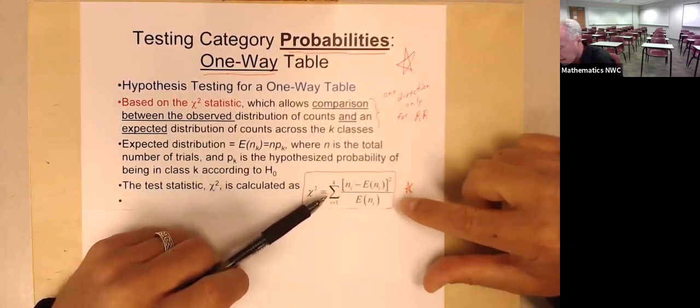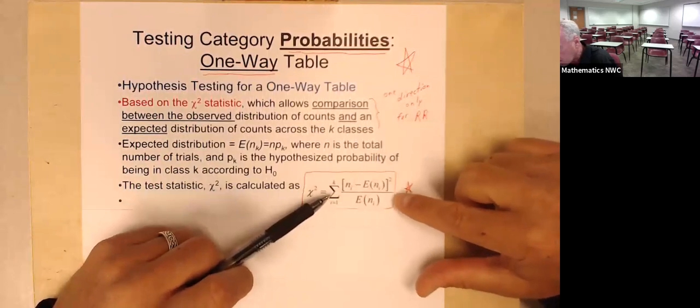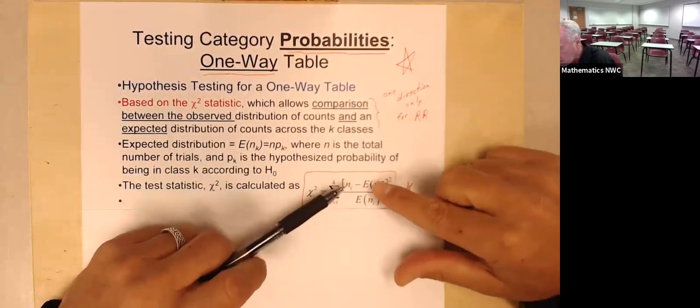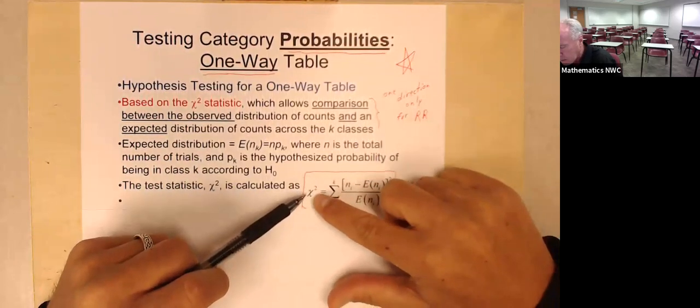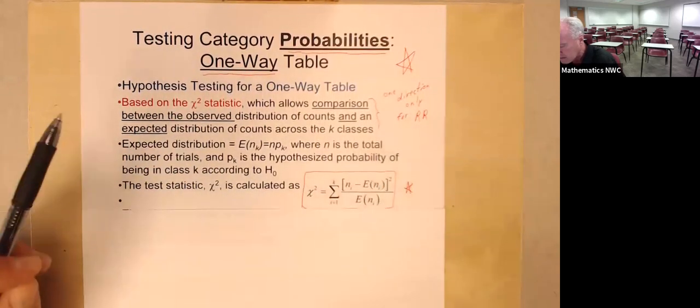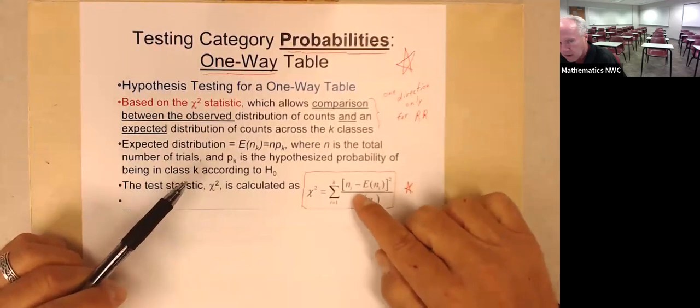I'm asking you, forcing you to go through the formula because I'm hoping that when you use the formula, it will help you understand exactly what chi-squared is measuring, okay? That's the reason for making you do that busy work.